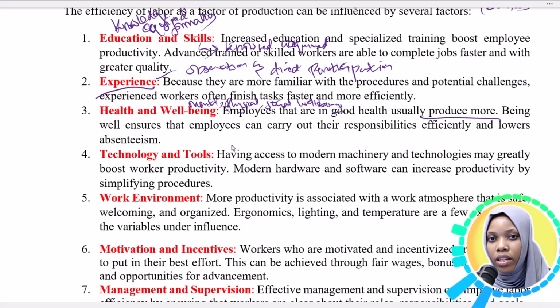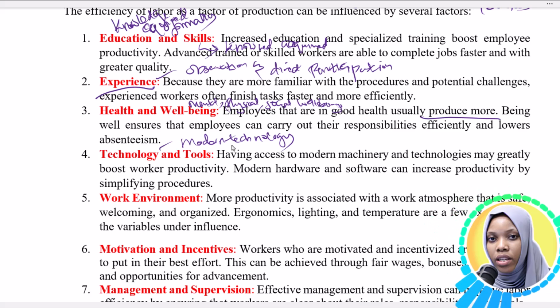And then another factor, number 4, is technology and tools. We talk about modern technology here. If you embrace modern technology, you are likely to produce more, unlike those that are using manual technology.